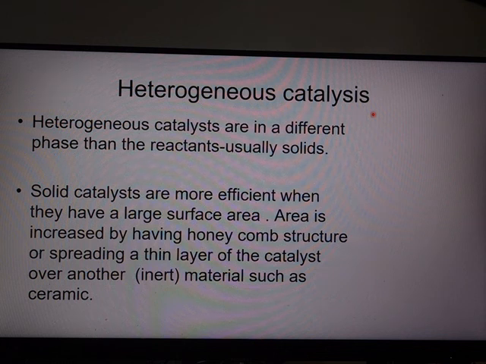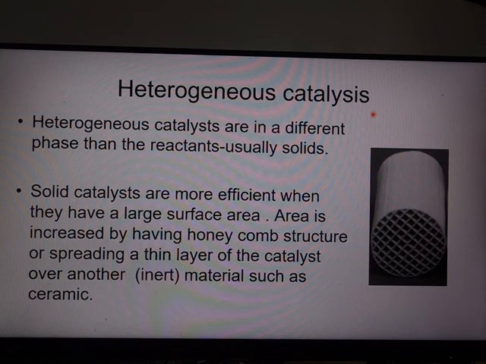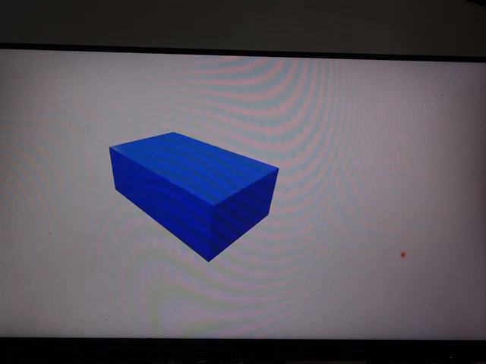Solid catalysts, as you probably remember from GCSE, are more efficient, they work better if they've got a very large surface area. So usually they've got this honeycomb structure that allows the catalyst to have a really large surface area. In real life also, the catalyst is made of an inert support, if you like.